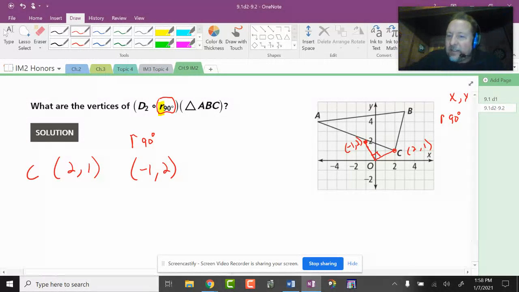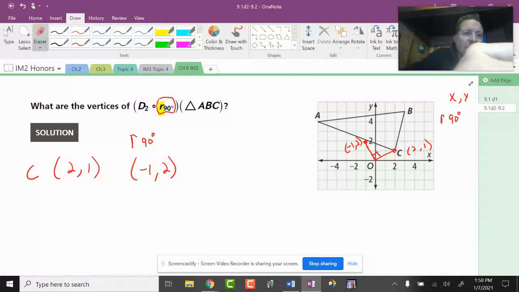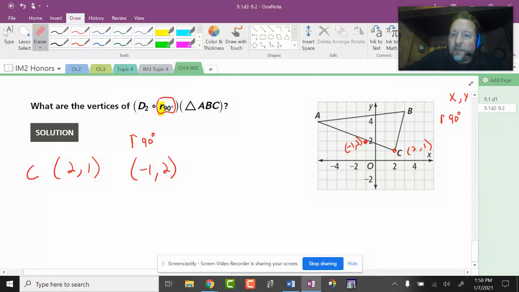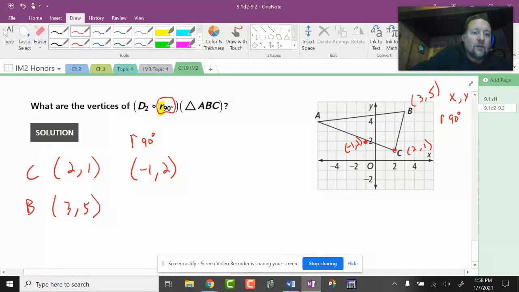All right, so let's take these other coordinates and practice to see if this does end up looking like it's rotated 90 degrees. So B is (3, 5), right? I should have kept those from the previous. According to silly little Mr. Samuelus, point B is (3, 5). These switch, and I have the opposite of it.